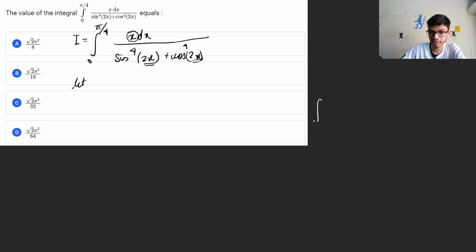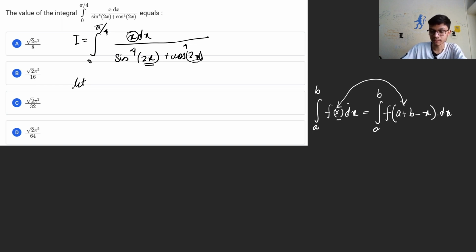The property of a definite integral is that whenever you are integrating from a to b any integrand f of x dx, this can also be written, within the limit a to b, as f of (a plus b minus x) dx. So if you change the x variable like this, it doesn't change the value of the integration.